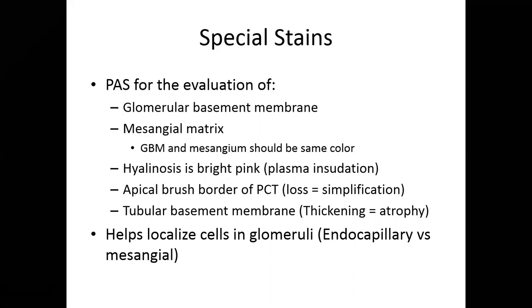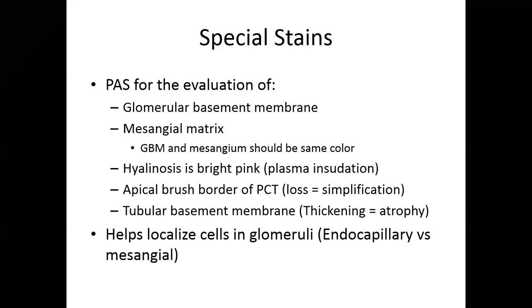Hyalinosis is the term as defined by the WSAVA group, and it means that plasma has leached or insudated into a matrix. So oftentimes we'll see hyalinosis in the glomerular basement membrane because basement membrane is an extracellular matrix, and you could see hyalinosis in the mesangium as well. So I'll show you examples of that.